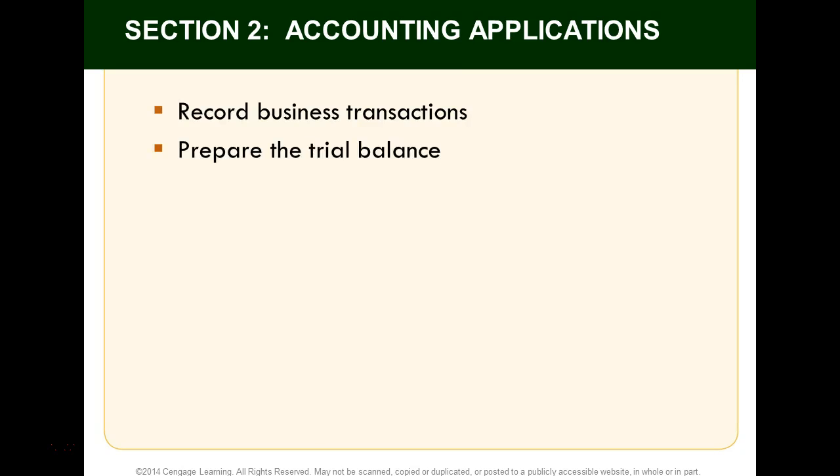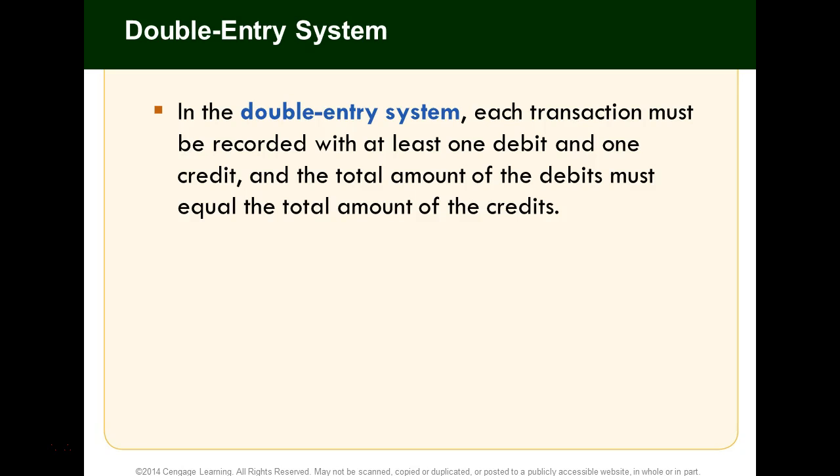Now, we're going to talk about analyzing transactions and preparing a trial balance. In doing this, in analyzing transactions, we're going to use a system called the double entry system.